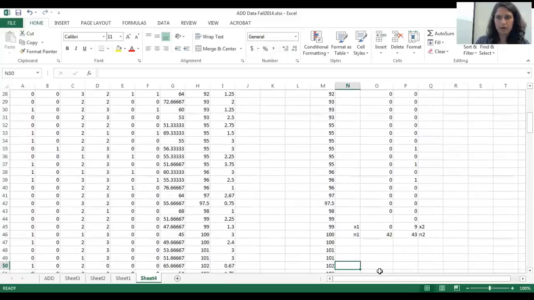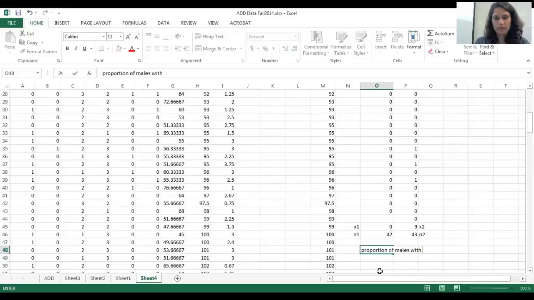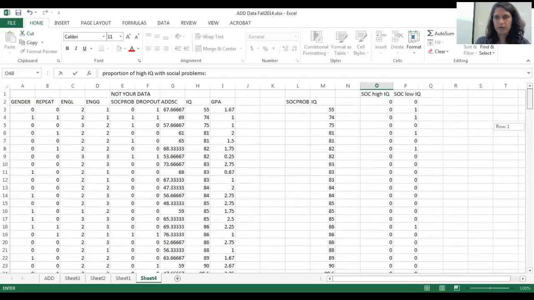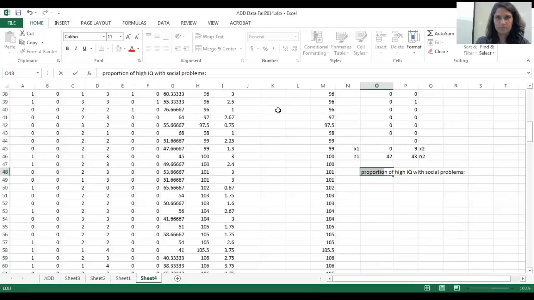All right, so in other words, the proportion of high IQers with social problems is 0, right? Is 0%.